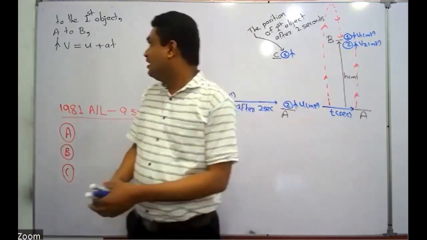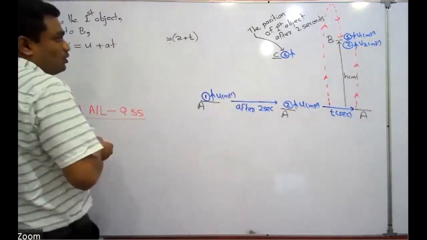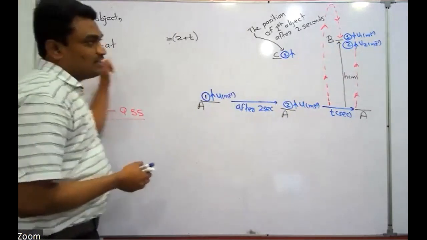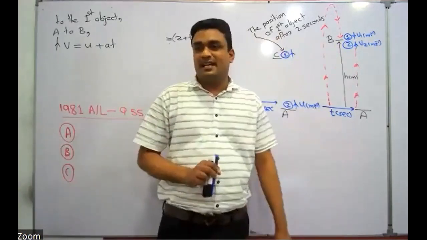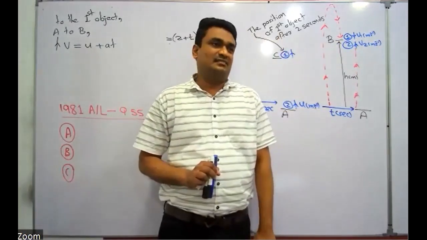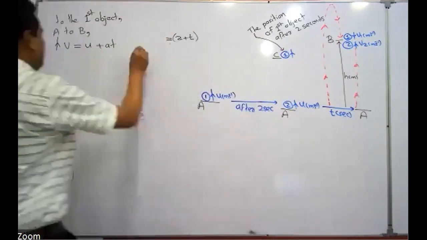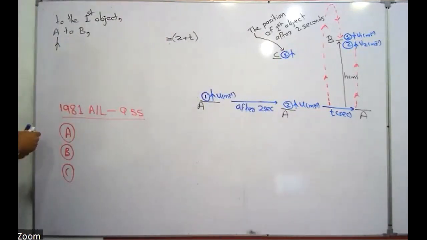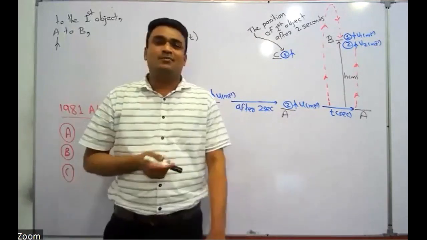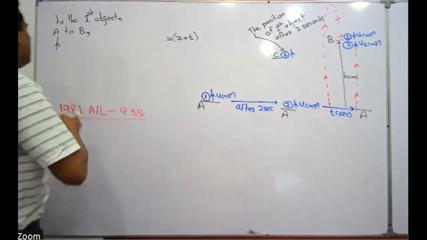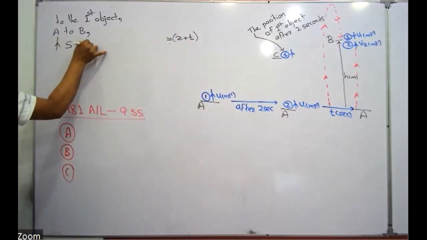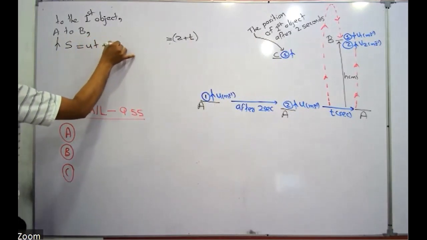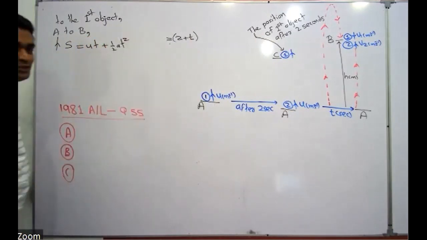Therefore, the direction of the equation and the direction of velocity are opposite, so I will get a minus sign. I don't like it, so I don't apply it. At the very beginning, if I get a minus sign, I'll apply the other one: S equals ut plus half at square. Now both will be positive.